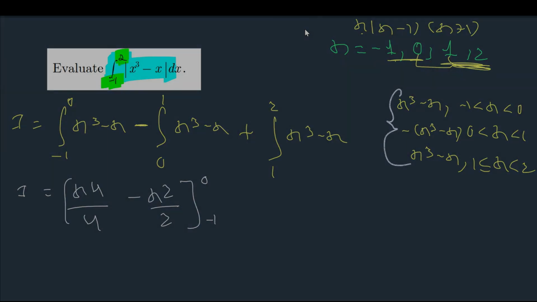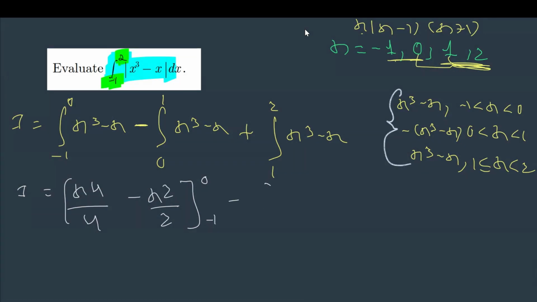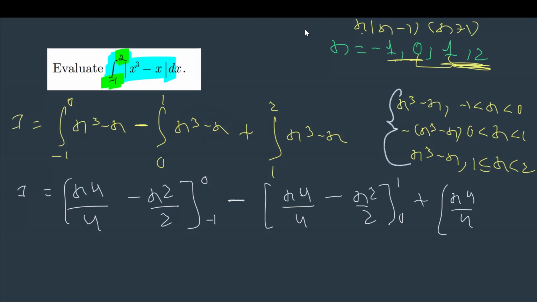The next is the same only. We have a minus sign and the limit over here is different. So it's going to be x raised to the power 4 over 4 minus x squared by 2. The limit is 0 to 1. And finally, the same thing over here, that is x raised to the power 4 over 4 minus x squared by 2, and the limit is 1 to 2.